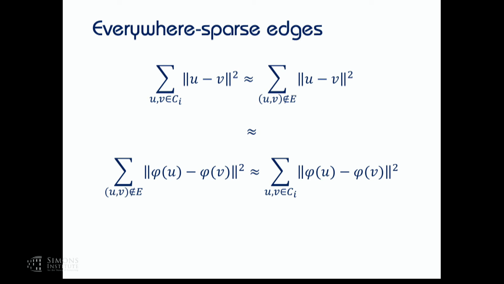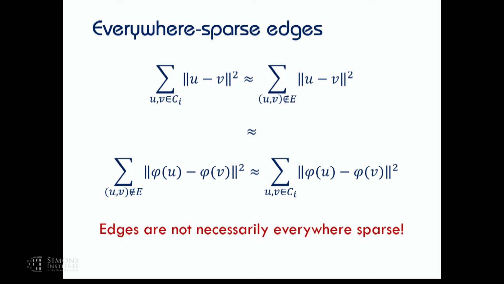So we have this approximate equality, and again, using the same argument, we know that this sum is approximately equal to this sum. So we see that if this special property is satisfied, then the cost of the clustering is approximately preserved. But in general, of course, we cannot assume that this special property holds, in particular because our clustering depends on the distortion graph.